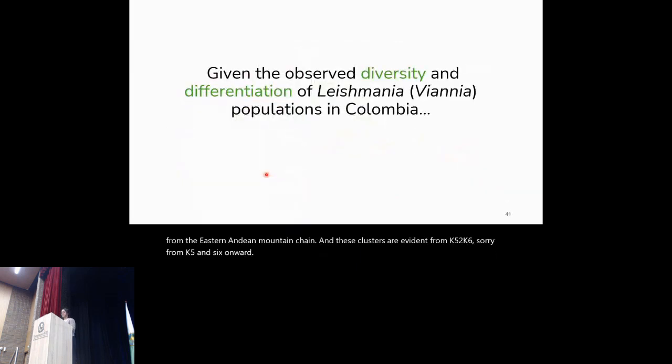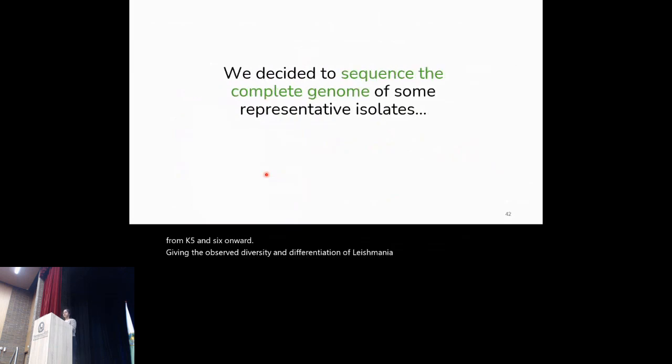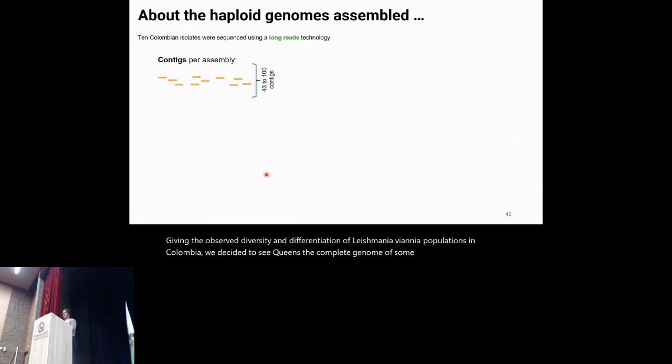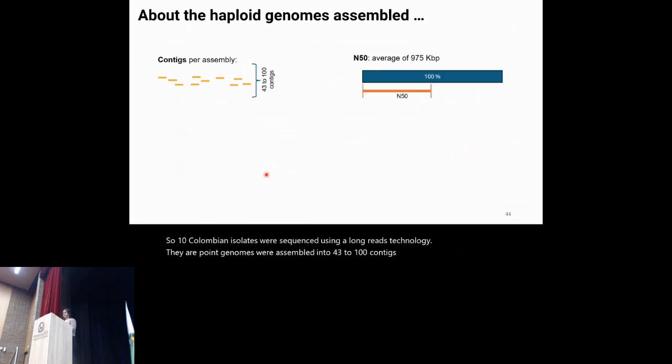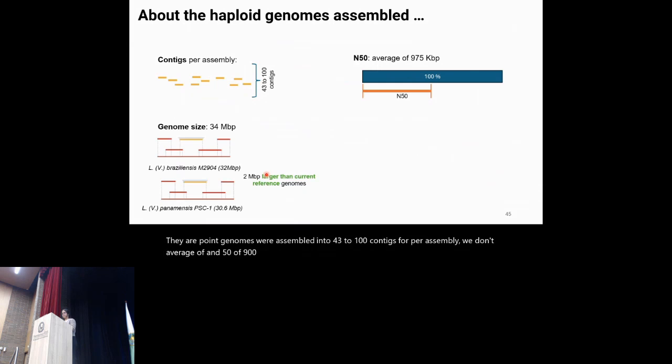Given the observed diversity and differentiation of Leishmania Viannia populations in Colombia, we decided to sequence the complete genome of some representative isolates. So 10 Colombian isolates were sequenced using a long-read technology. The haploid genomes were assembled into 43 to 100 contigs per assembly, with an average N50 of 975 kilobase pairs.